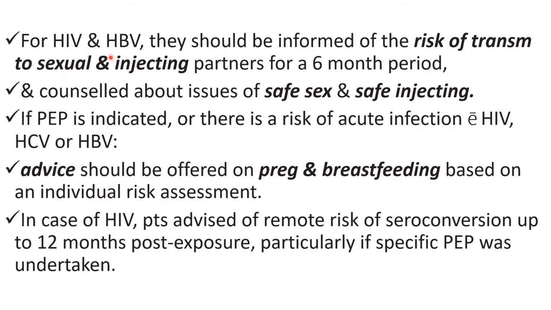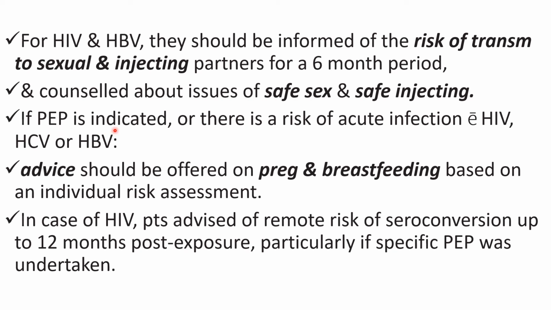For HIV and HBV, they should be informed of the risk of transmission to sexual and injecting partners for a 6-month period and counseled about issues of safe sex and safe injecting.